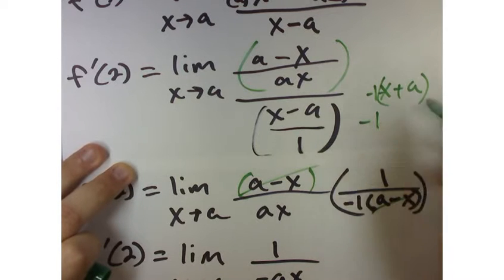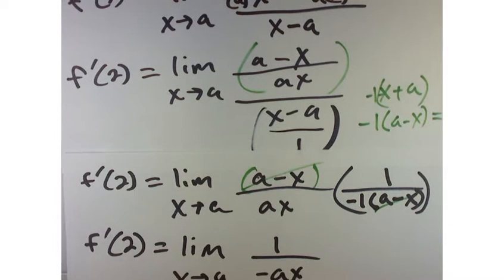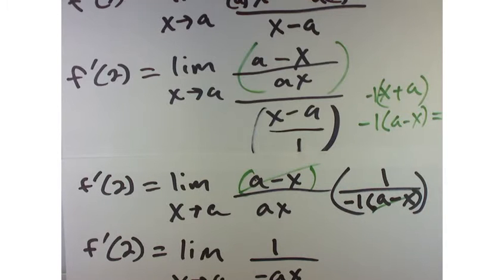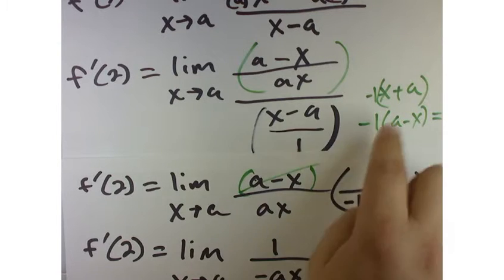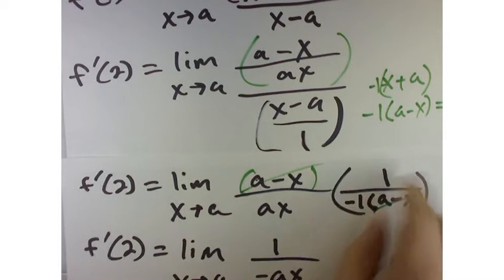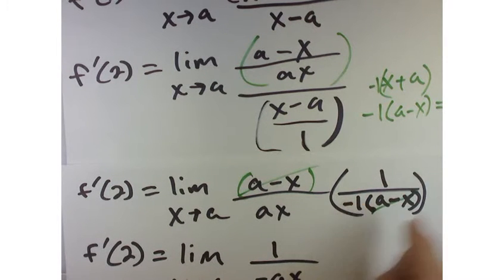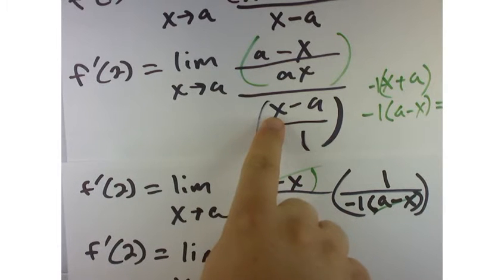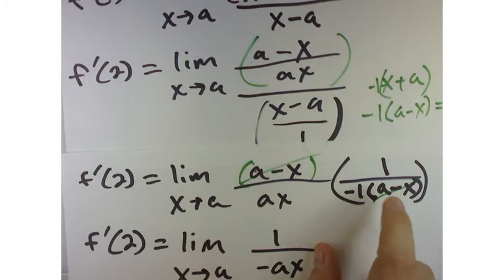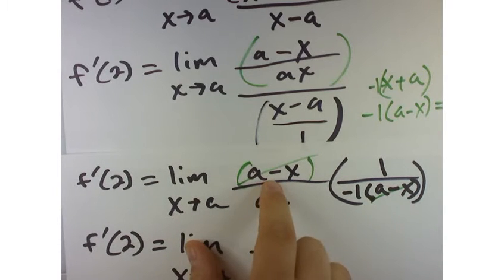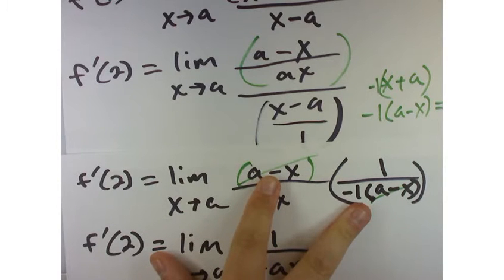So negative 1 times a minus x is the same as x minus a, isn't it? This is the reciprocal. The only difference is that I factored out a negative 1 here. When I factor out the negative 1, that gives me a minus x as a factor, and this is a factor, a minus x. So then I can cross cancel those.